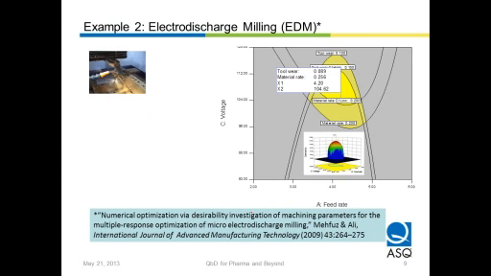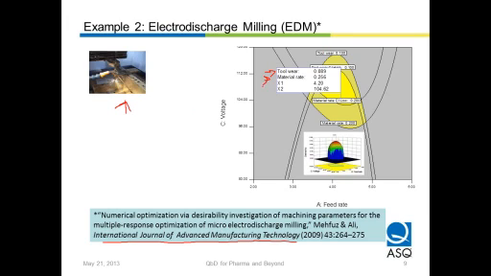I have another example that stems from a study that was presented in the International Journal of Advanced Manufacturing Technology, and it has to do with something completely different than the prior one, which was aerospace. This one has to do with a milling operation, and there were two key responses that they were trying to work with: to reduce the tool wear, of course, and also to maximize the material rate.